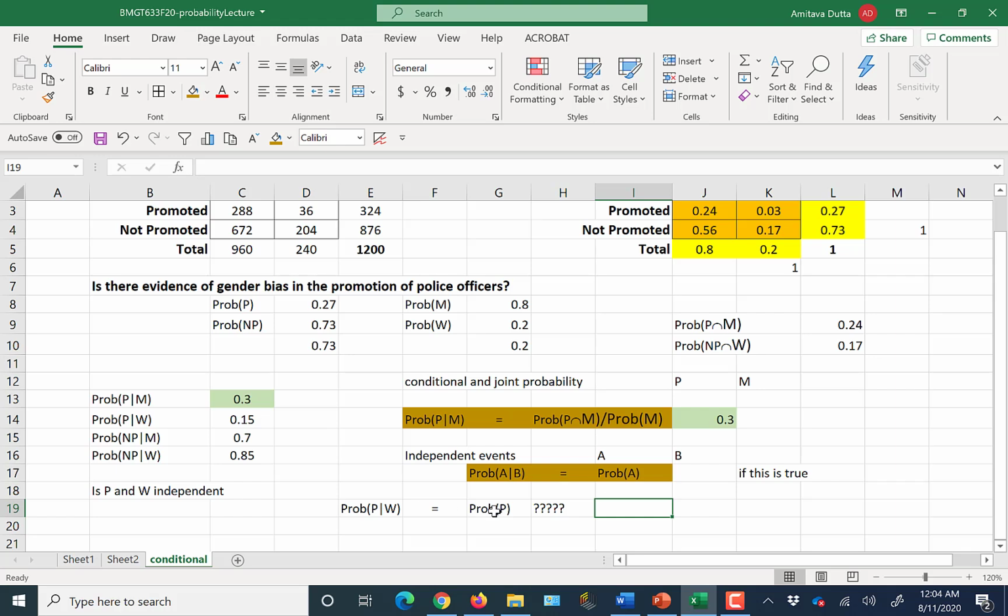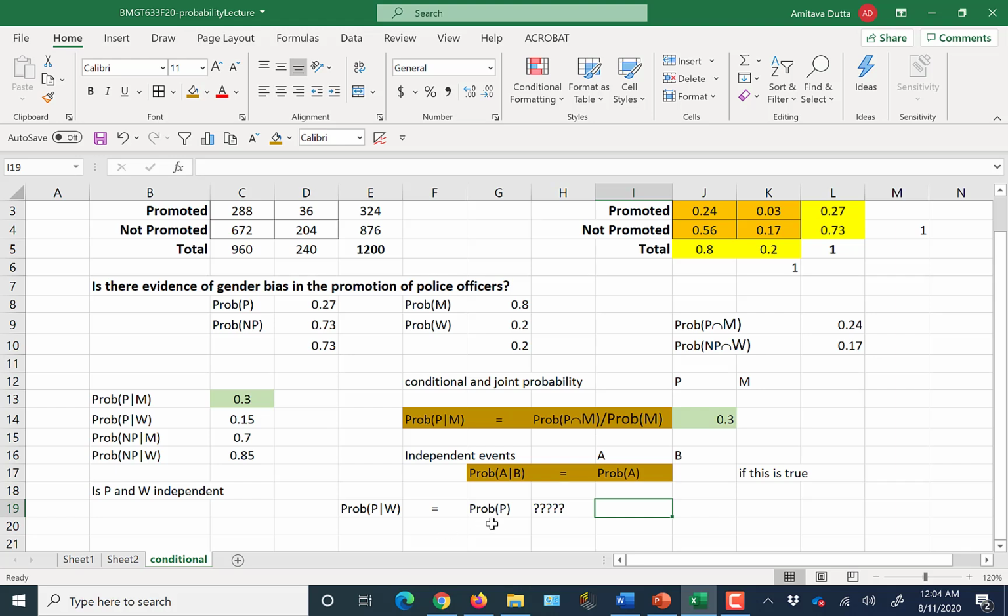If these two are equal, then we say the two events are independent, that is, gender has no effect on being promoted. But if the two are not equal, then we say yes, being promoted and being a woman, they're related, they're correlated, and gender is not independent of being promoted, or rather being promoted is not independent of gender.